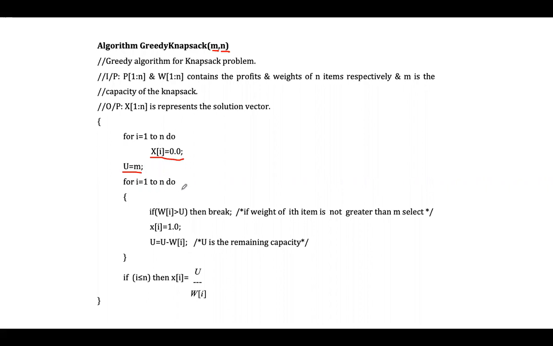One more loop we will start for 1 to n. I'm just talking from the algorithm point of view; you can say 0 to n minus 1 also. If W of i greater than U, then break. We are in the first iteration, so we will not go to this condition right now, because the U value is 7, with respect to the previous example.